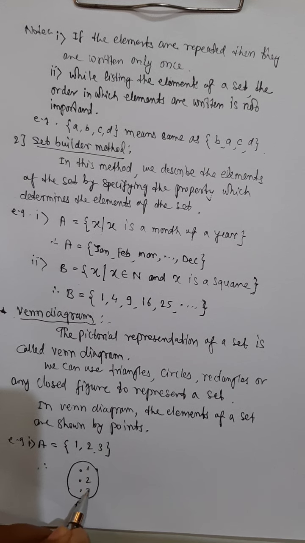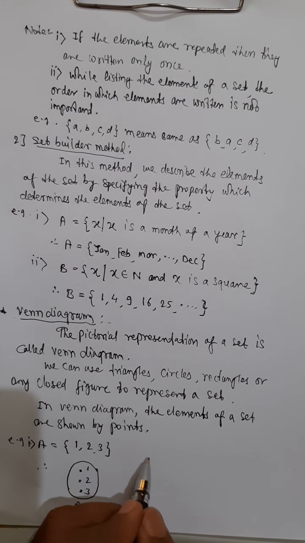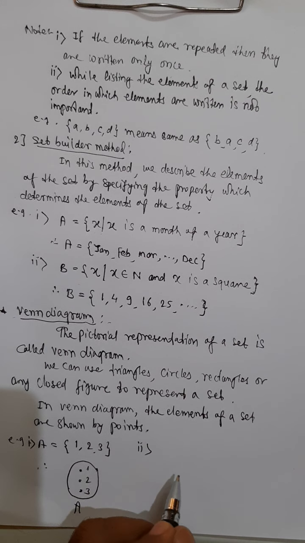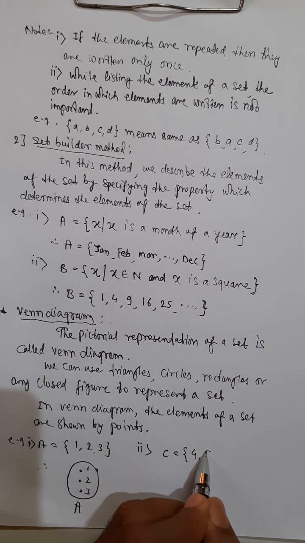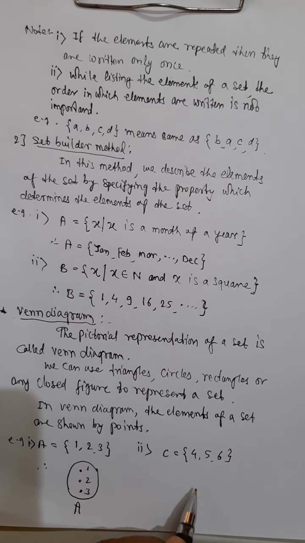We have shown the elements by representing them by points. Or another example, let set C be 4, 5, 6. We can also use a triangle here, 4, 5 and 6. This is set C. This is called a Venn diagram.